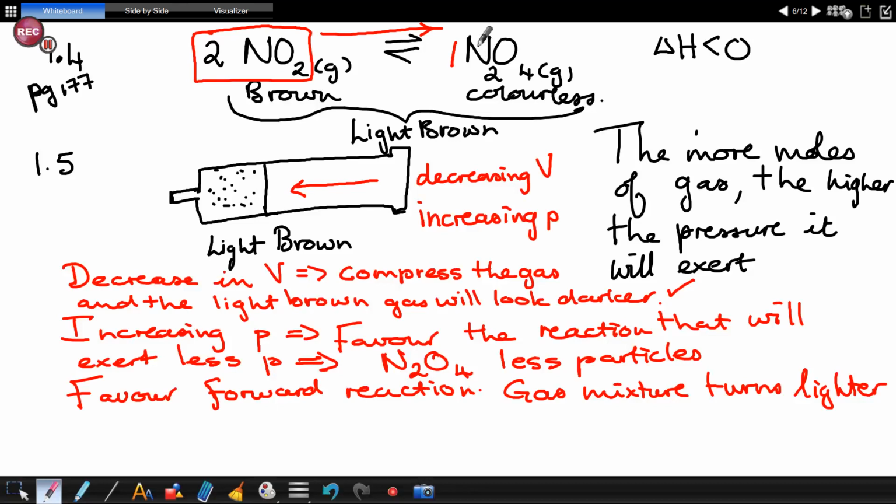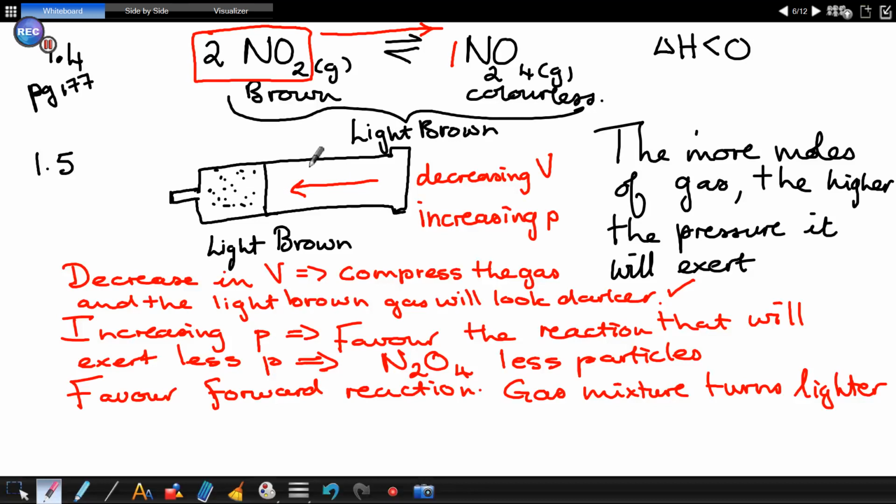You decrease the pressure by changing 2 molecules into one. One molecule will have less chance of colliding than 2 molecules have. So collisions cause pressure. If you make less molecules of gas, you have those gases exerting less pressure.